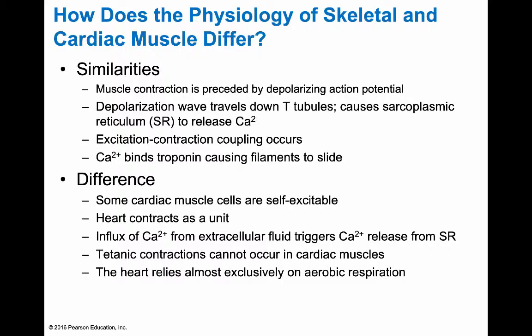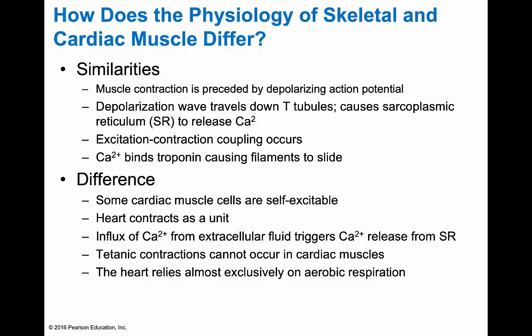So that general process remains the same between skeletal muscle and cardiac muscle. The depolarization travels down the T-tubules, causes the sarcoplasmic reticulum to release calcium, just like before. Excitation-contraction coupling occurs. Calcium binds troponin, causing filaments to slide. Remember, troponin basically moves out of the way, so tropomyosin is exposed and myosin can bind it.